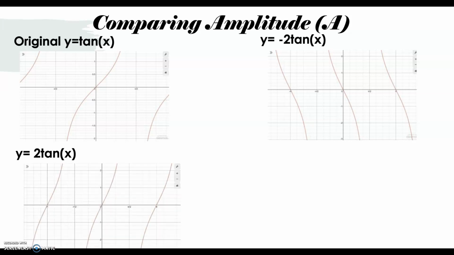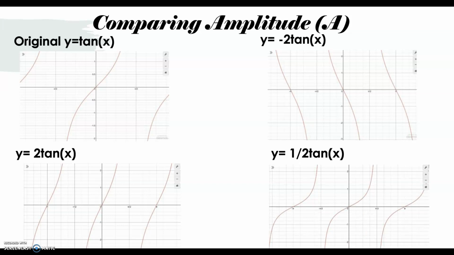If you have an amplitude that's larger than 1, your graph will be narrower. If you have a number that's between 0 and 1, which is a decimal, your graph will be wider.